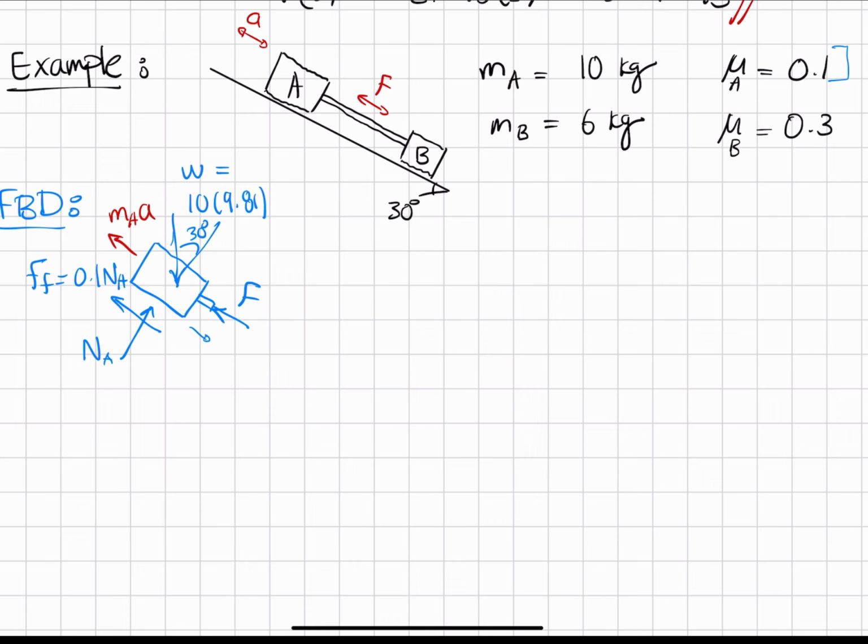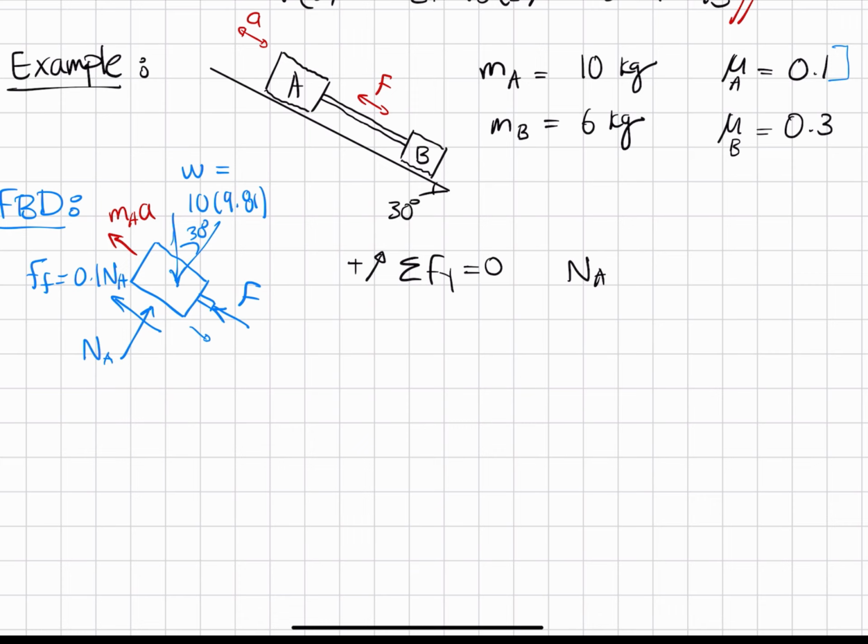Okay. So let's do the sum of forces in different directions. Let's choose the black color. We have sum of forces normal to the surface. So we can do sigma Fy is equal to 0. So what do we have? We have NA, and then we have 10 times 9.81.